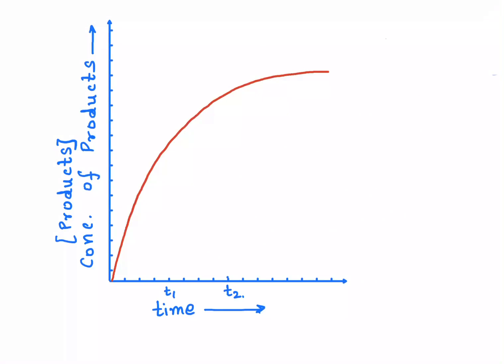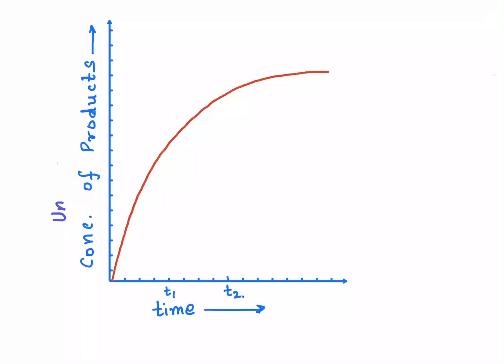Let us now move on to the graphical representation of the progress of a reaction with regards to the products. And again, don't forget to mention the unit over here.